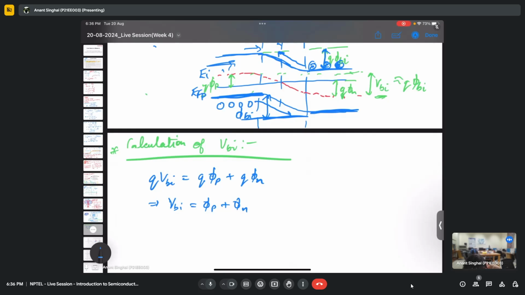I'm denoting this as EFP, and this as EFN. It is still Ei. So can I write φP, or qφP, as Ei minus EFP? Is this equation clear to everyone? Is it clear how I have written qφP as Ei minus EFP?